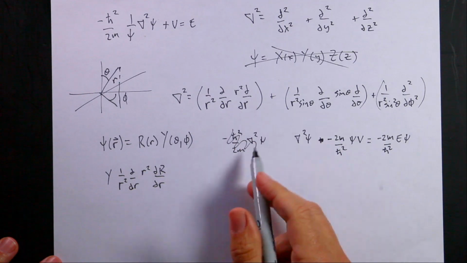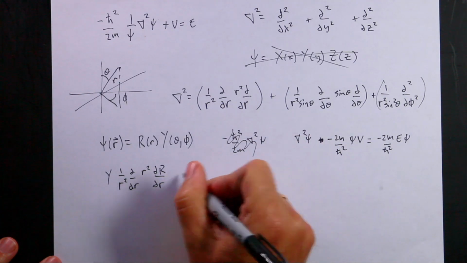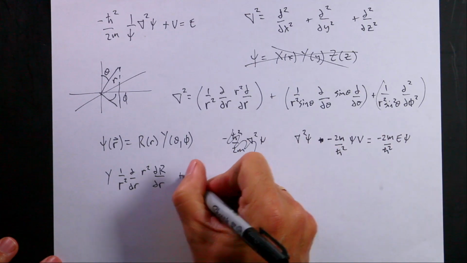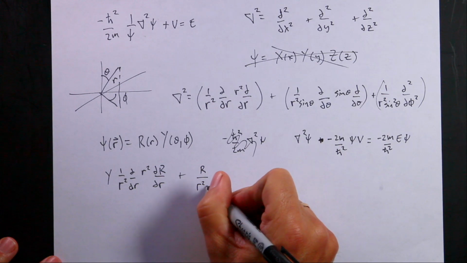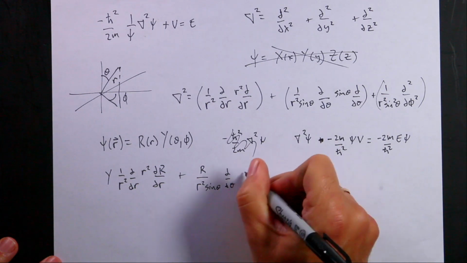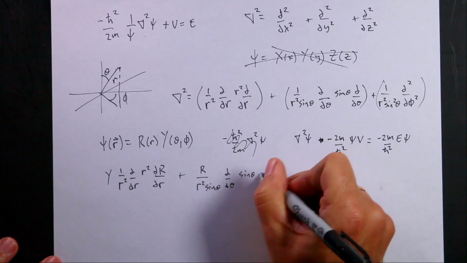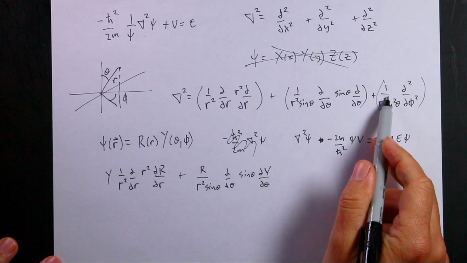And then I have this term that is only operating on y, so the r can come up front. So I get plus r over r squared sine theta, partial with respect to theta, sine theta, partial of y with respect to theta. And then again, the r term can come out.